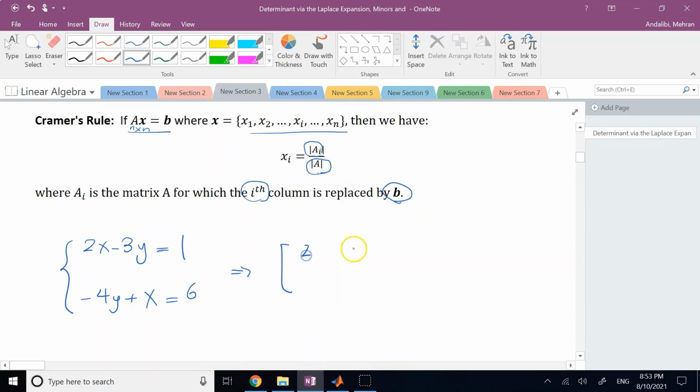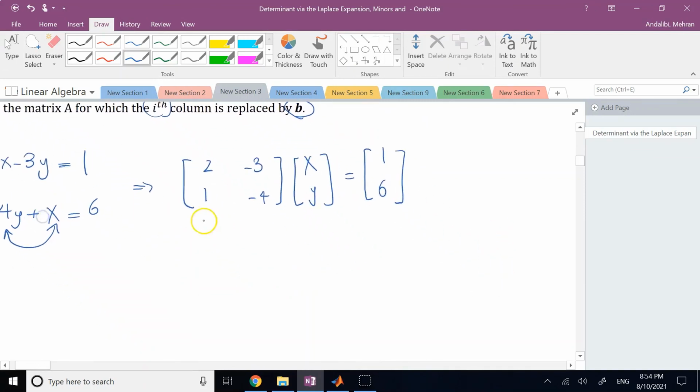So this is going to be 2 and negative 3, and if you rearrange it and write it as x minus 4y, it's going to be 1 and negative 4. This whole thing times x and y is equal to 1 and 6. Okay, so this is your A, this is your unknown vector x, or you might call it z, or whatever you want, and this is the right-hand side B.